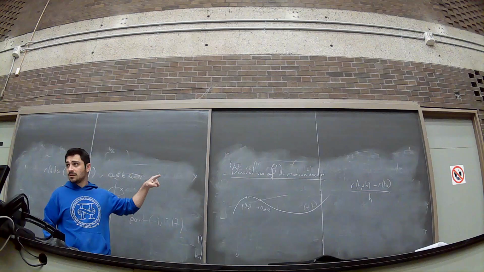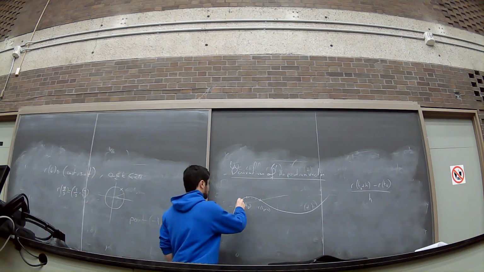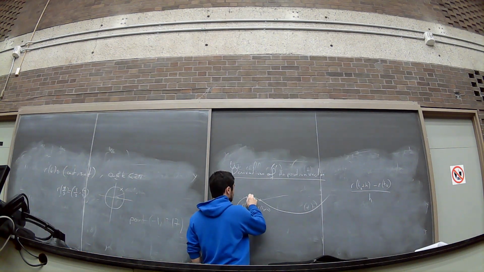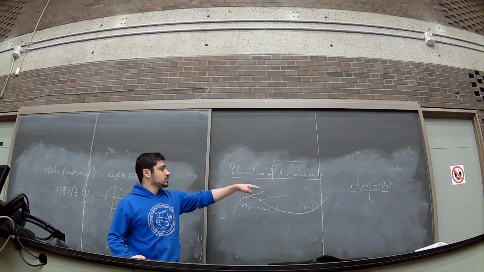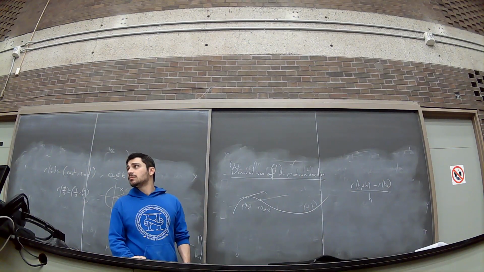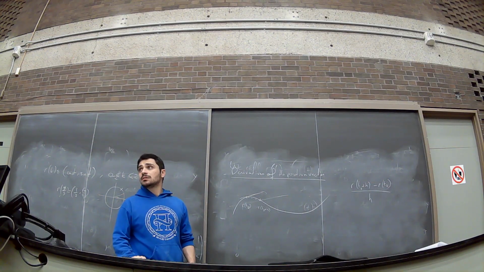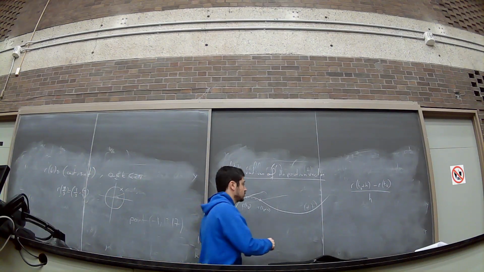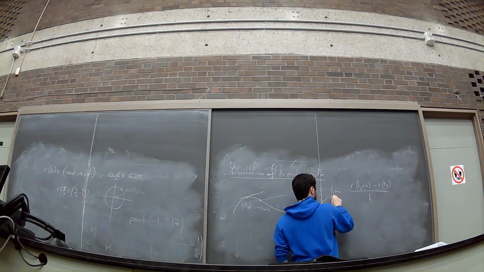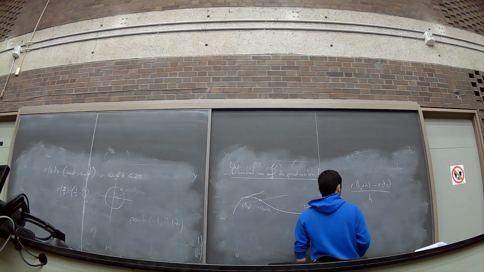It becomes a tangent, right? So as h goes to 0, this line becomes tangent. So how do I describe this as h goes to 0? By a limit, right? h goes to 0. Great.